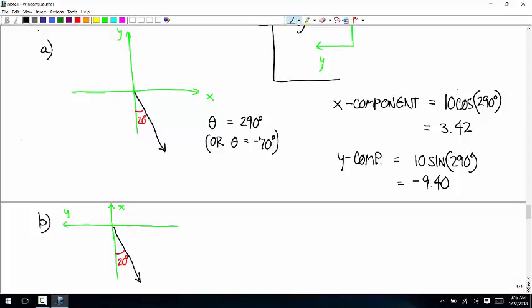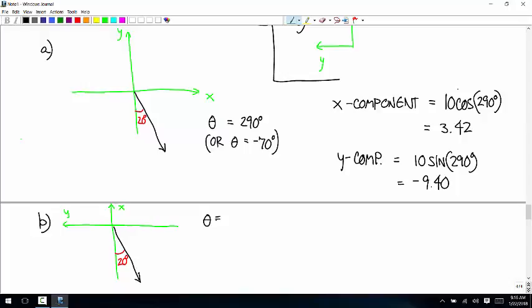And now what's the counterclockwise angle from the x-axis to the vector? It would be, so you could go 90, 180 plus 20, so 200. Or you could go clockwise, negative 90, negative 180, backtrack 20, so negative 160.